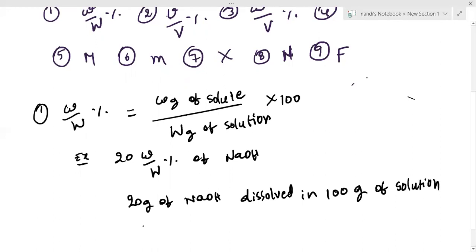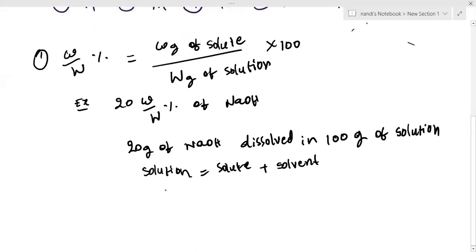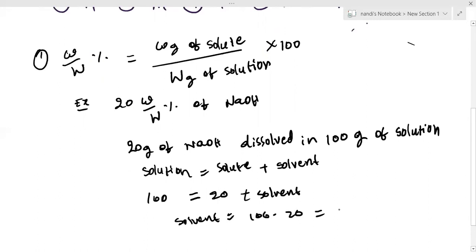So you can find out how much solvent there is. We know the very basic point, that solution equals solute plus solvent. The solution given is 100 grams, and the solute is 20 grams. Then what is the solvent here? Solvent equals 100 minus 20, which is 80 grams. This is the meaning.